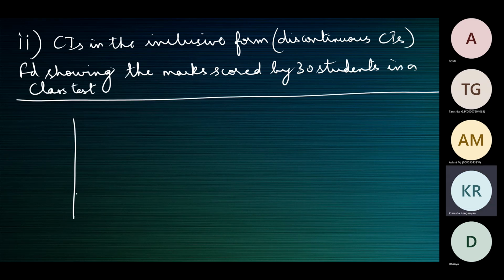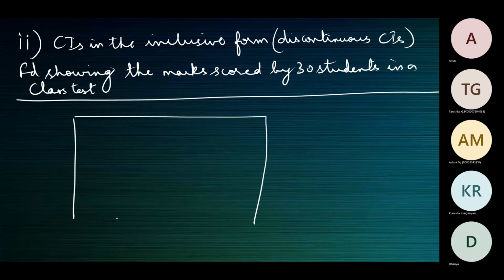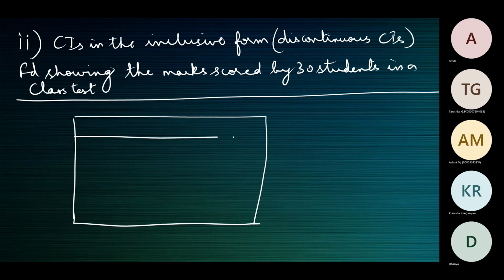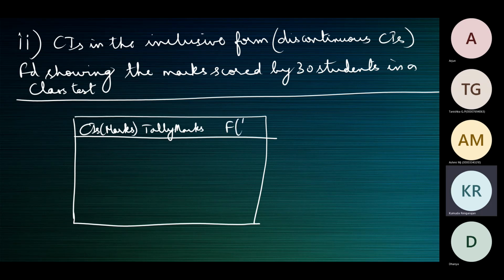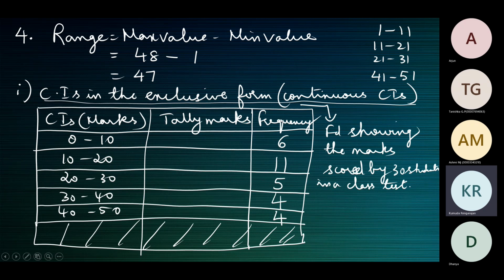And then the table below: class intervals or marks, tally marks, and frequency, or number of students. Frequency here is the number of students.